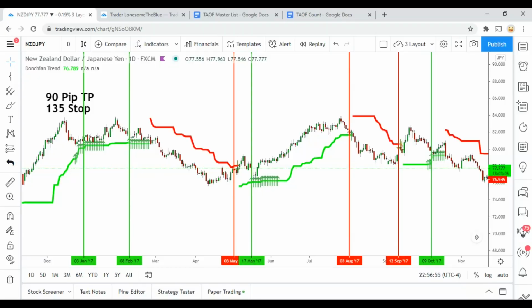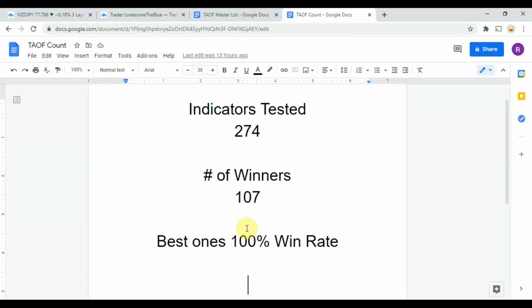Alright, as I said, today we will be testing the Donchian trend indicator. Before we do though, I wanted to put the indicator scoreboard up for everyone to see. To date, we have tested 274 indicators, and out of those 274 indicators, 107 of them have been winners, which means that they have met or exceeded the 60% win-loss ratio threshold that we have set for them.